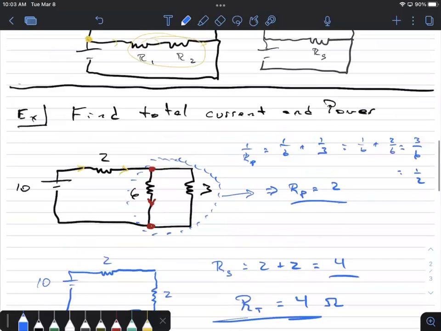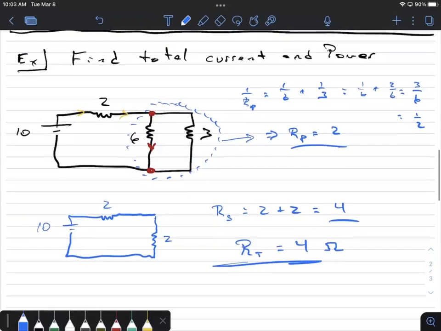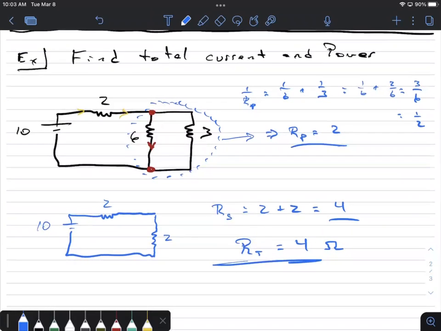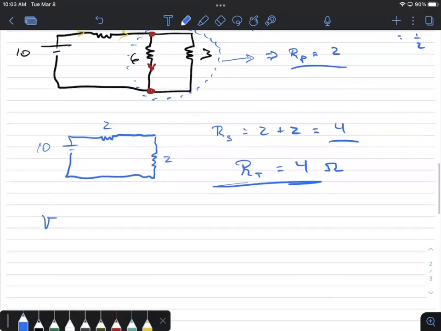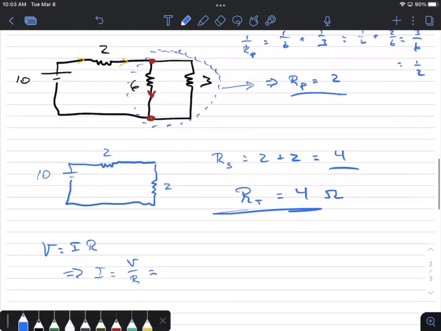In order to calculate the total current and the total power, well, first of all, the total current, obviously I want to use Ohm's law. And Ohm's law says V equals IR. So if I calculate I from this, I bring the R to the other side. This becomes I equals V over R. So in order to get this number, I need the total voltage, which I happen to know is given in the problem, 10. Okay, fine, 10. And I need the total resistance.